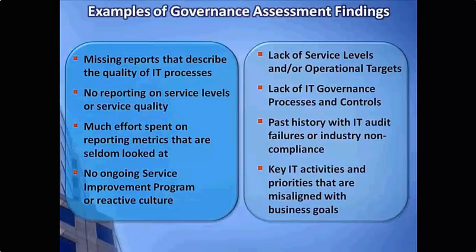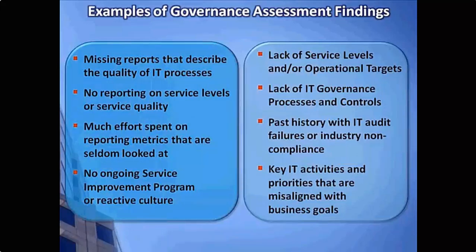Here are some examples of what governance assessments may uncover. Key areas to look for are levels of service reporting and alignment of the IT activities with business goals and objectives. So examples of things we will be looking at are missing reports that describe the quality of IT processes. In other words, there's no reporting on processes at all. There may be no reporting on service levels or service quality.